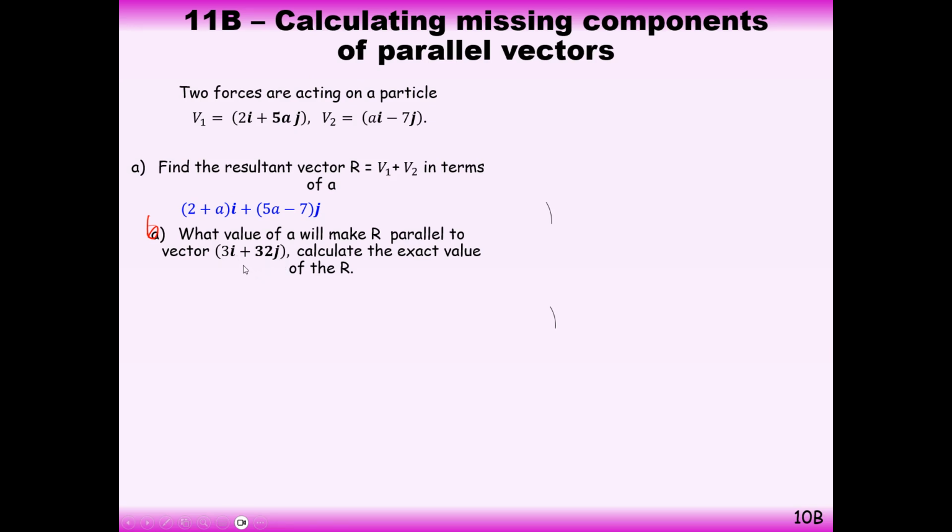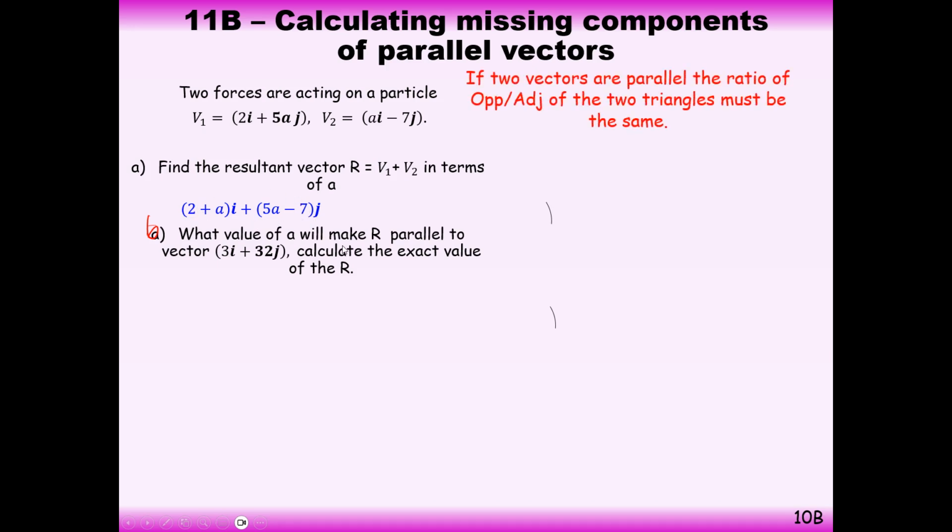What does it mean for these vectors to be parallel to each other? It means that the ratio of 3 to 32 must be the same as the ratio of the bracket in front of i to the bracket in front of j.